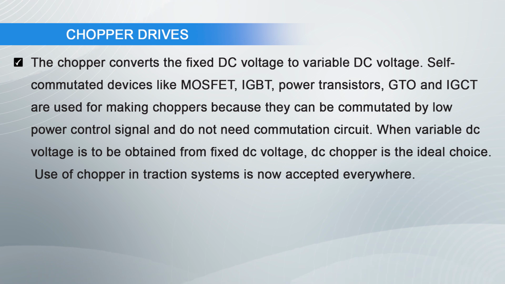Use of chopper in traction systems is now accepted all over the world. This results in overall energy saving, which is the most welcome feature in a transportation system requiring frequent stops.